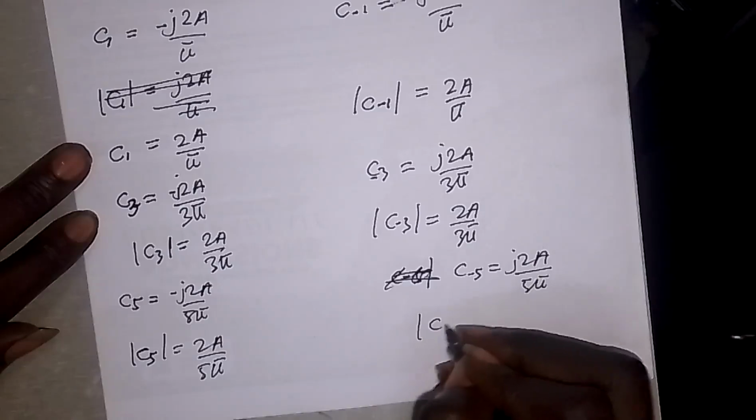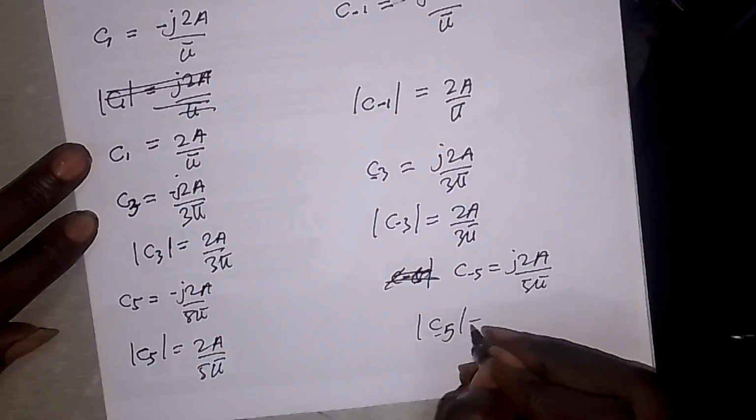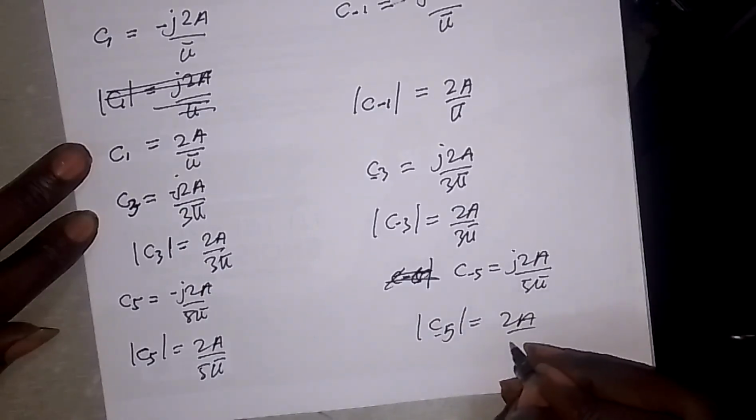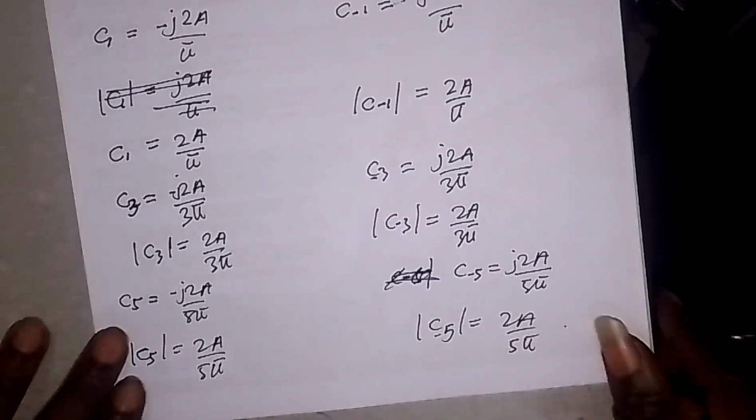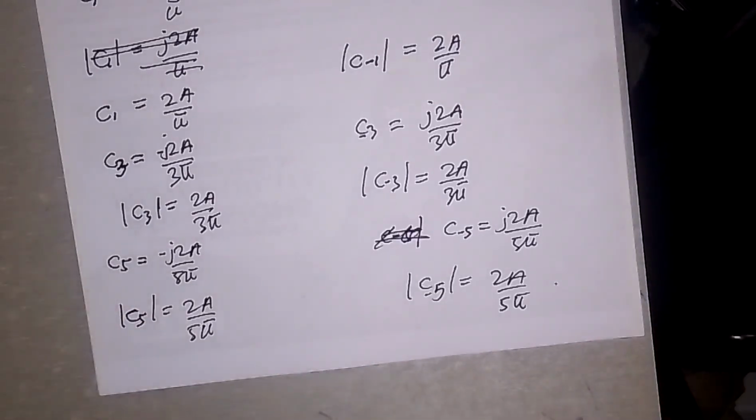If I take the modulus of C5, it is 2a over 5 pi. The modulus of minus C5 is also 2a over 5 pi. It goes on and on, so we can stop at this particular point.